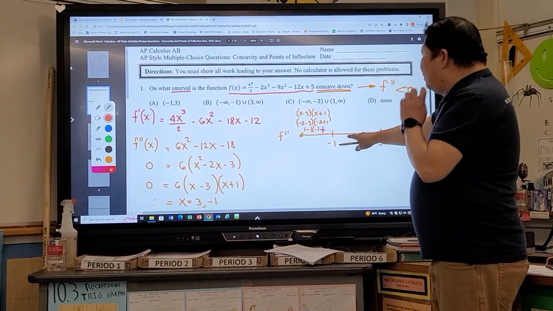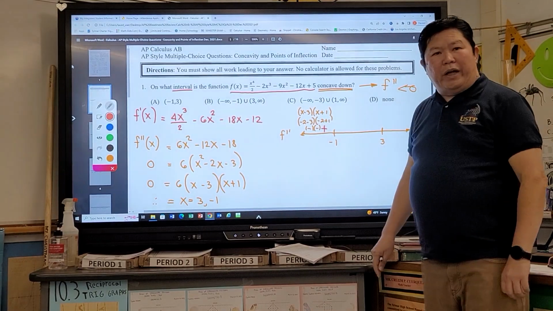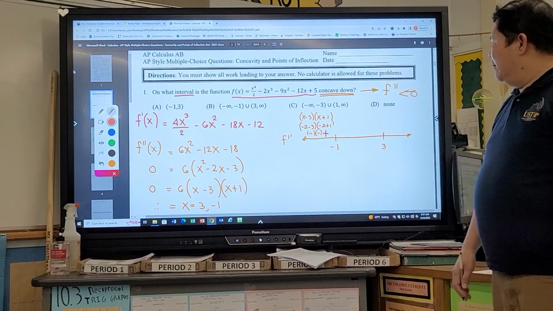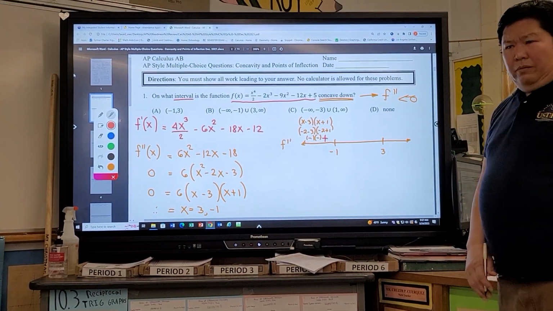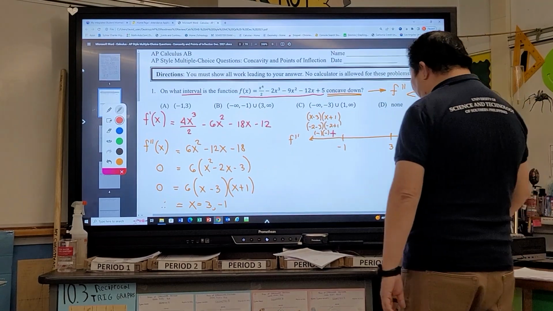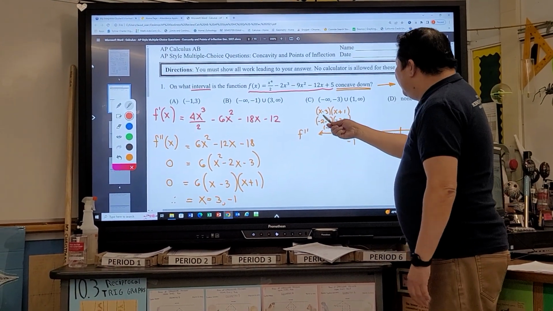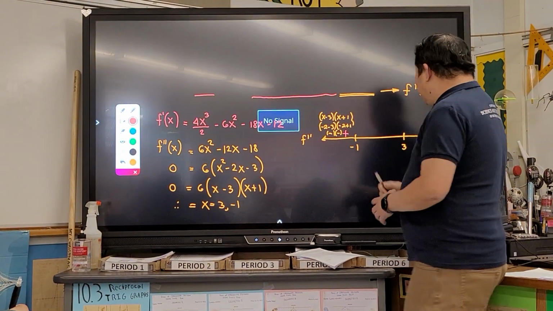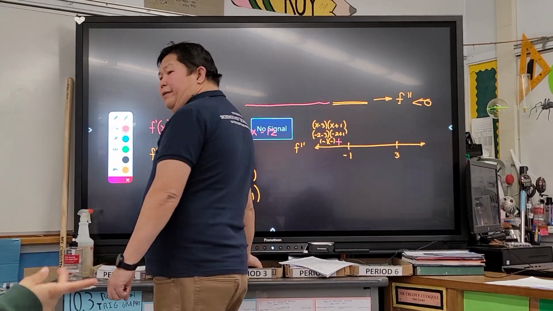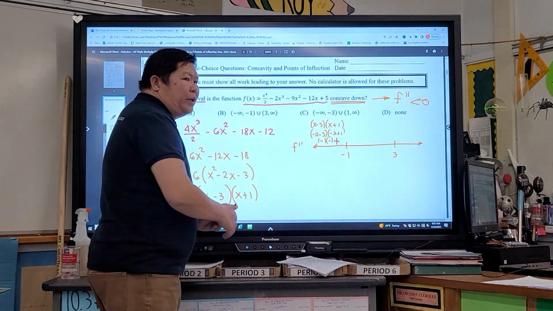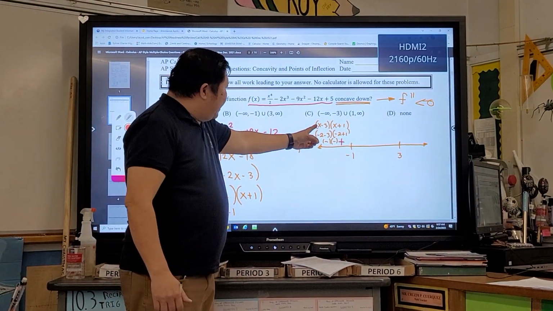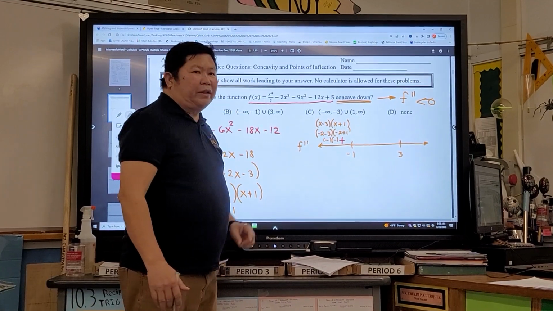Next, we're gonna do in between negative 1 and 3. Shall we just say 0? Is 0 part of that interval? Okay, we can have 0. If x is 0, it will be negative. I'm not saying negative 3 because we are only after the sign. So right here is negative and positive.